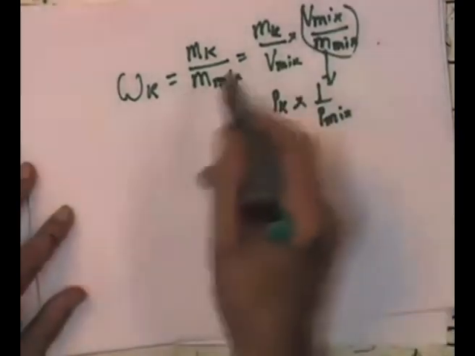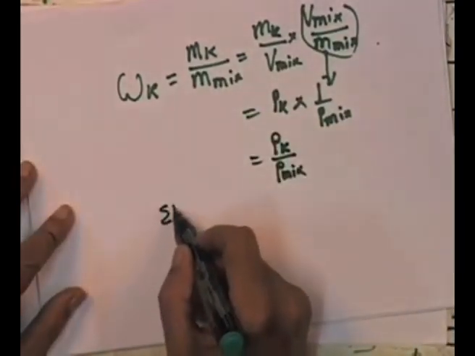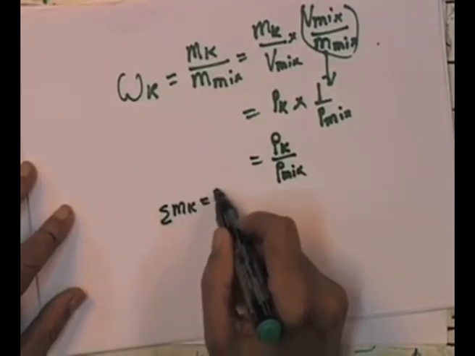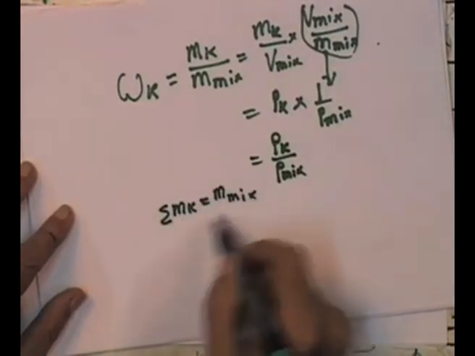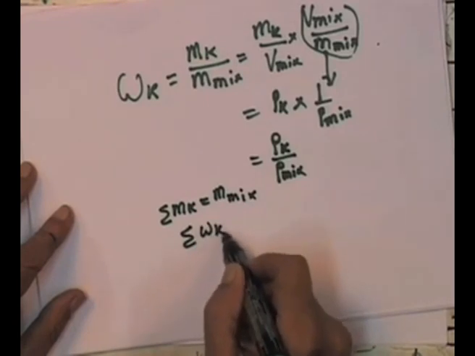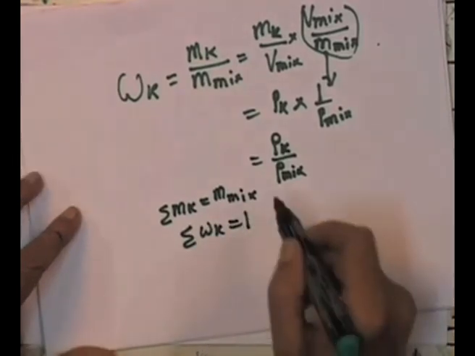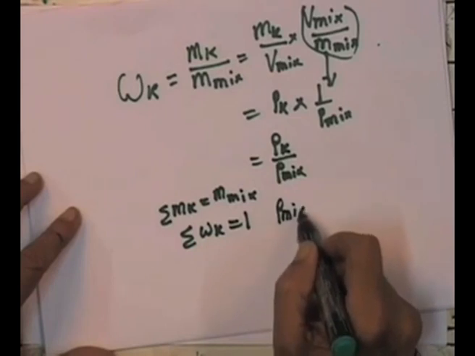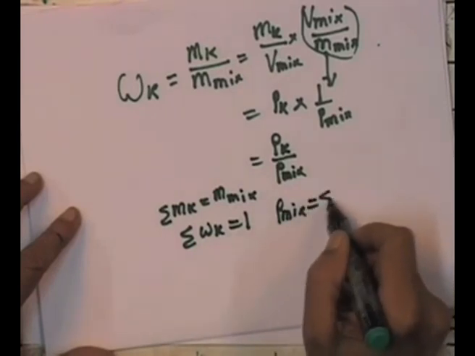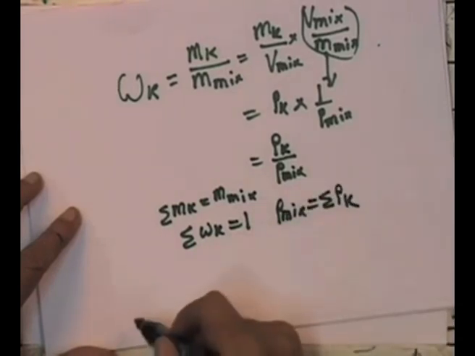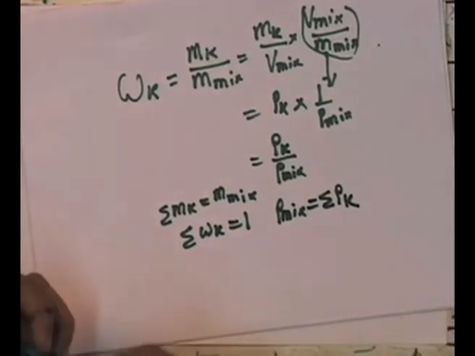And since the sum of the masses, sigma m_k, must equal m_mix, therefore, sigma omega_k must equal 1, and rho_mix will be simply sigma rho_k in a mixture.